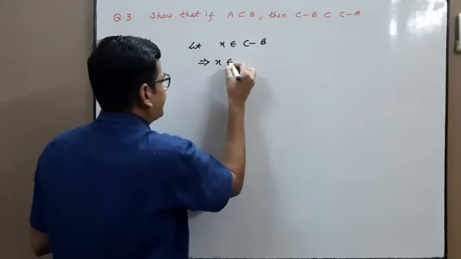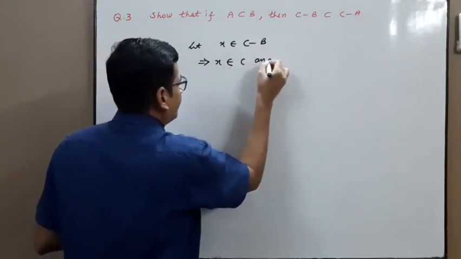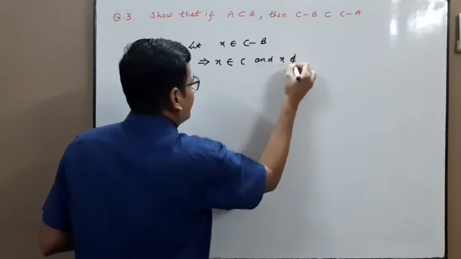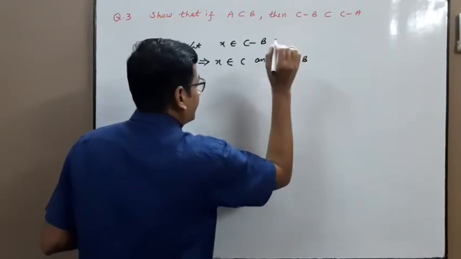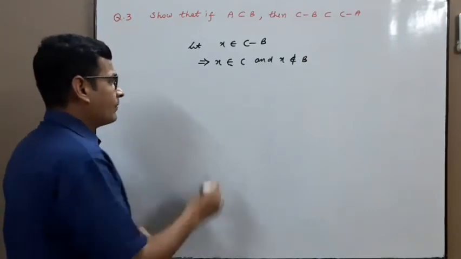X belongs to C minus B. So X belongs to C and X does not belong to B.